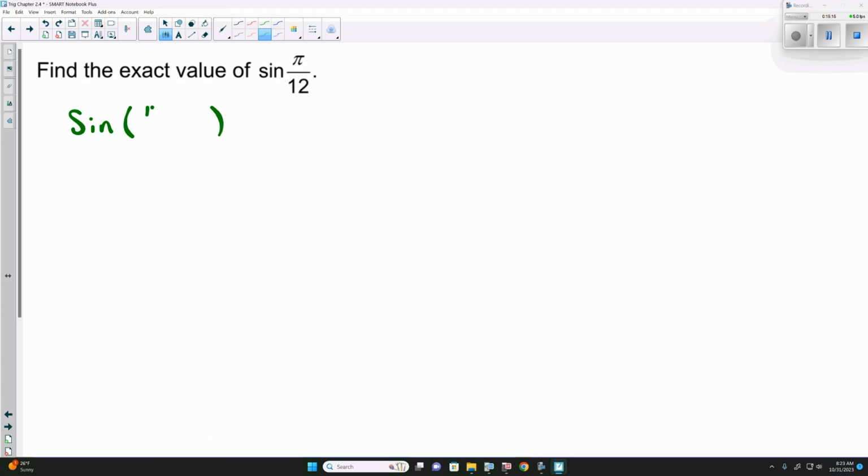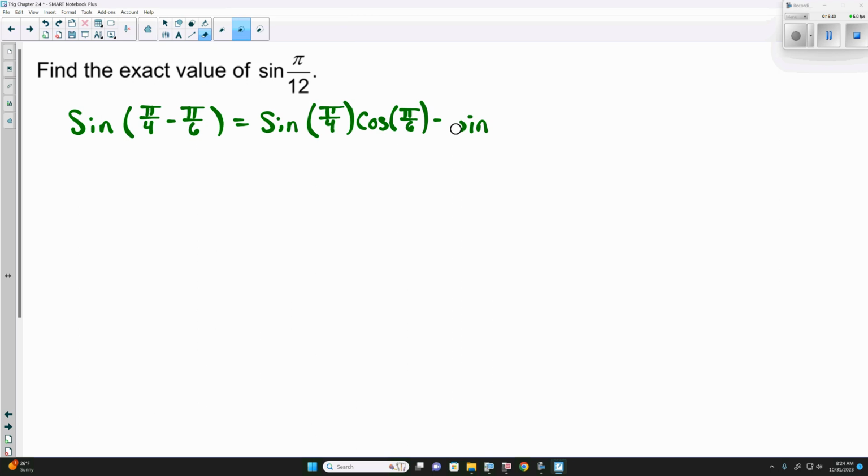There's different ways we can get to it. So we could say pi over 4 minus pi over 6 is equal to sine of alpha cosine of beta minus, well, let's keep it the same as the formula.